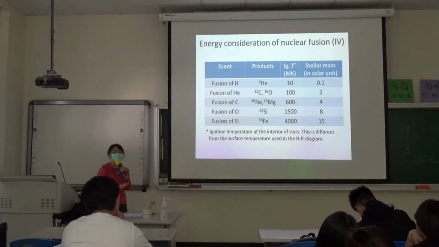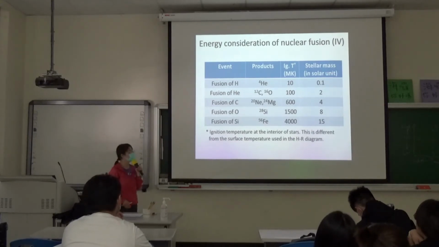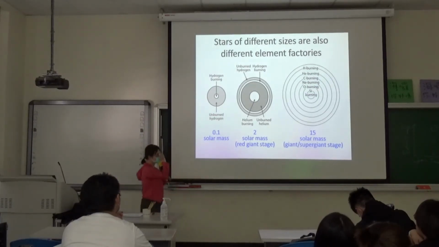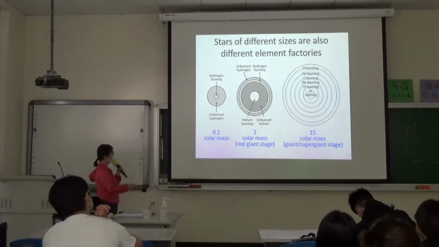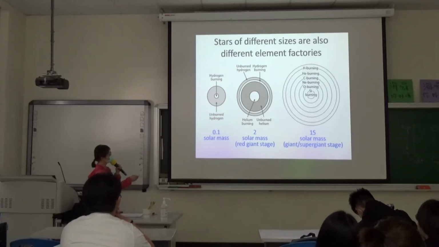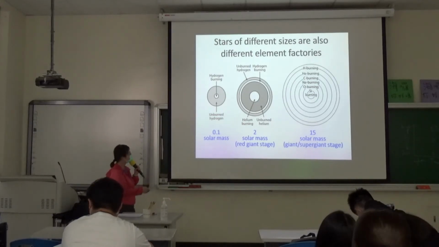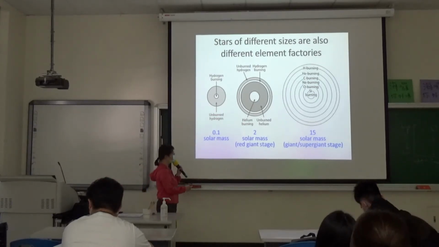So let's give you an understanding of what can be done for different stars. This is also in the textbook. For a small star, it's basically doing hydrogen burning to helium. For 2 solar mass, it's already a red giant.